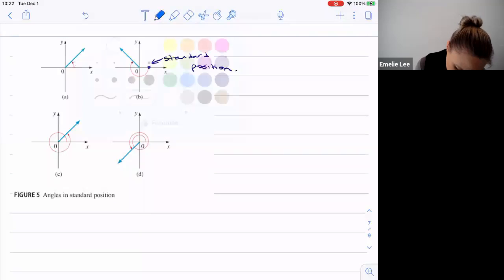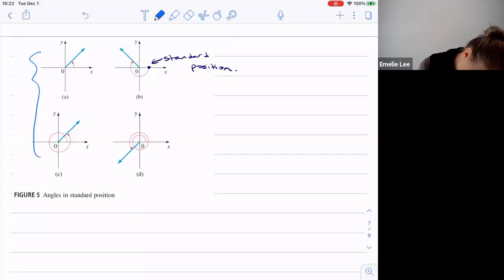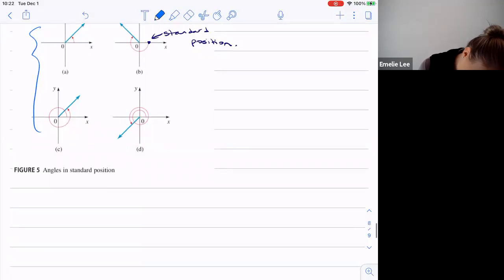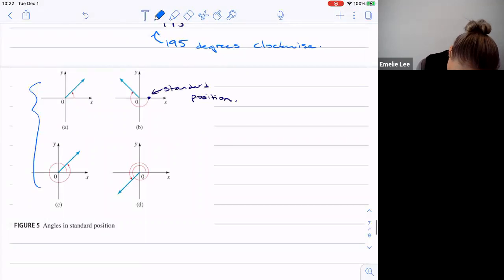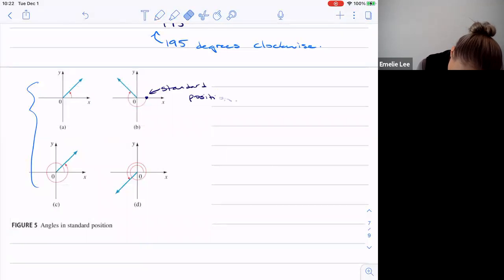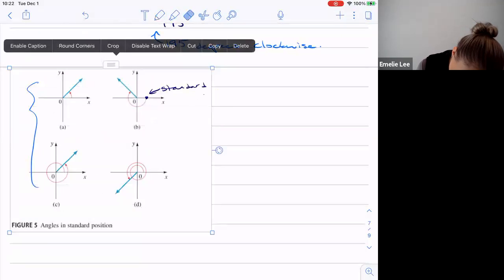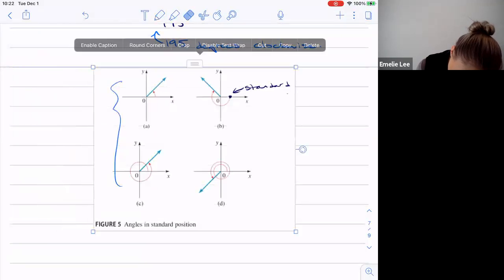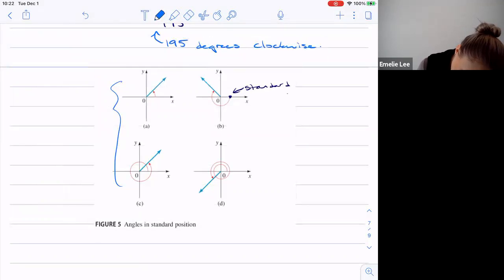So here, A and C are what we call coterminal, and maybe I'll scoot this over a bit and fill that in.